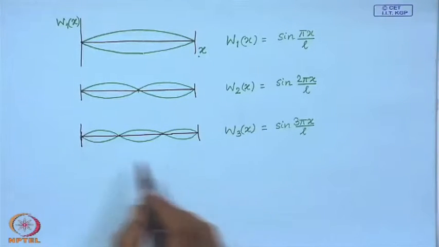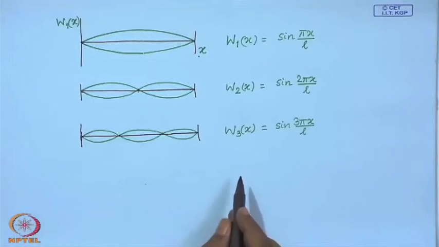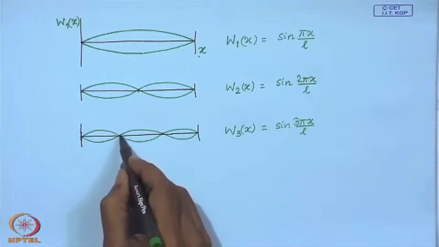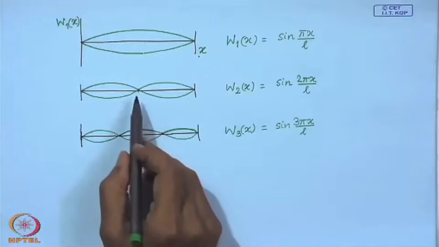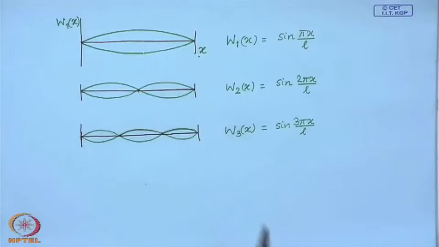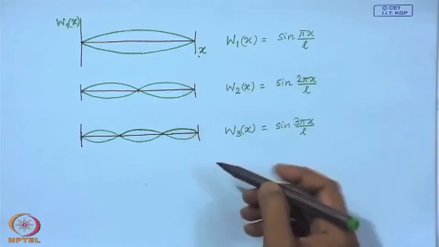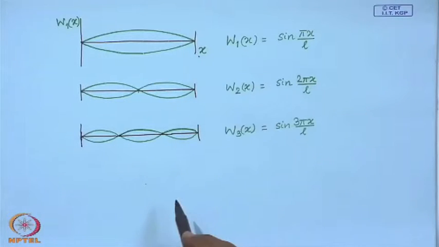So, the mode shape is defined by these eigen functions. So, you have two nodes here, one node here and no node in the first mode. So, this is same as that of the string. Now, let us see what happens as we go to higher modes.